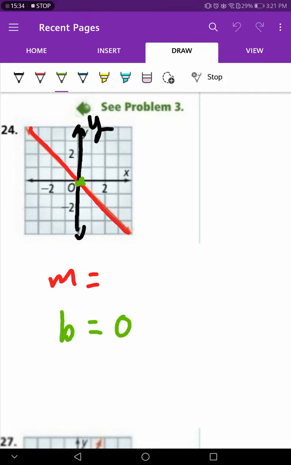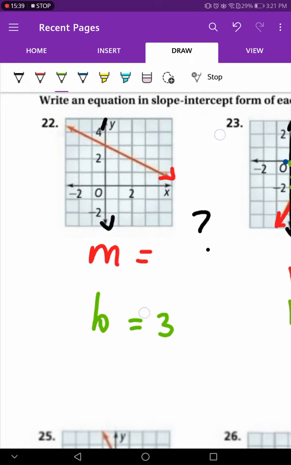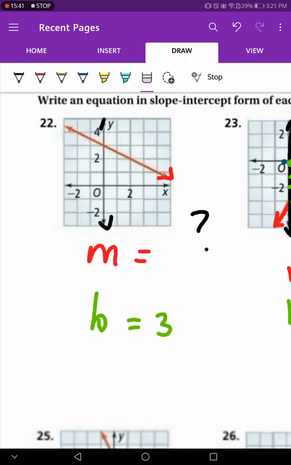Yes? Okay, let us come back to the first one here. Now I'm trying to figure out what the slope is. The slope here, I can determine from 2 points. Two nice points.